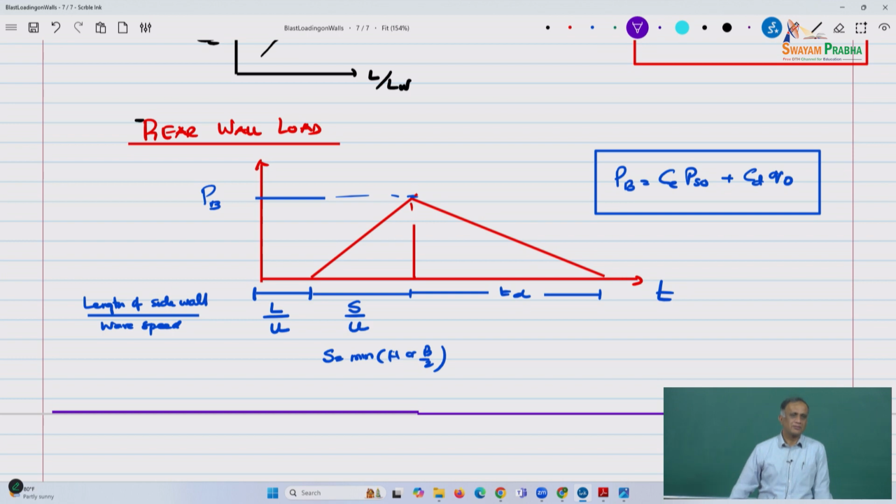Can we have this L, length of the side wall, or for that matter distance of the back wall, be greater than the wavelength of the blast? Yeah, it can be, but then CE starts going down extensively.